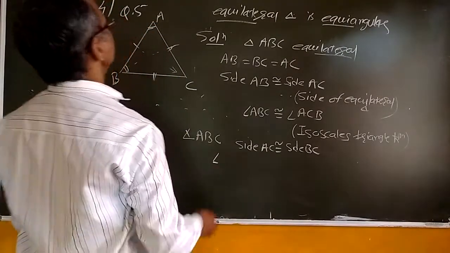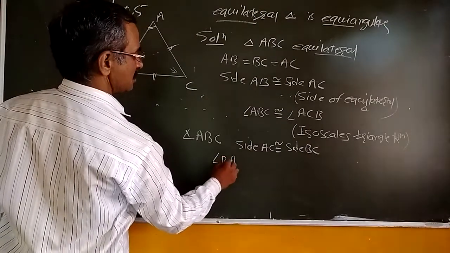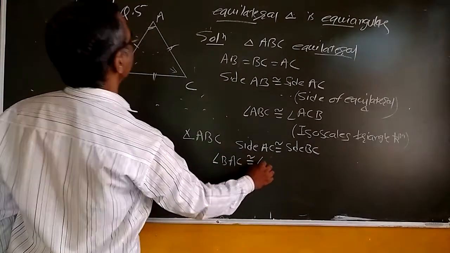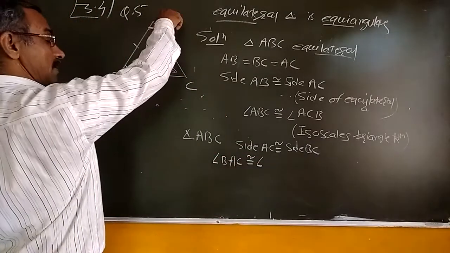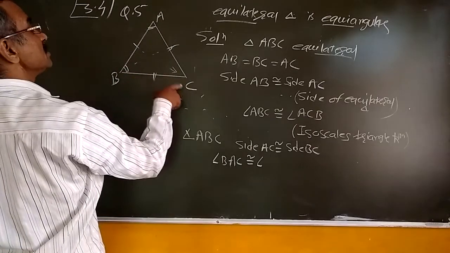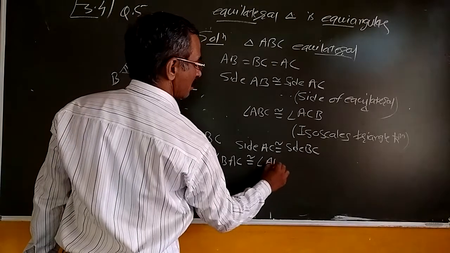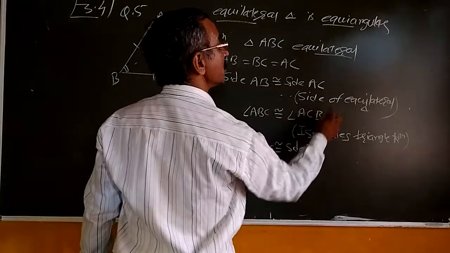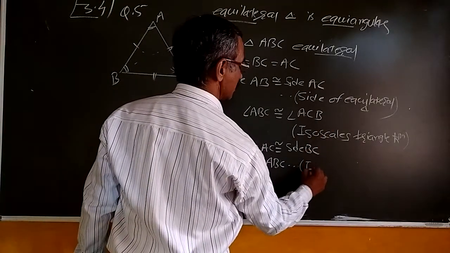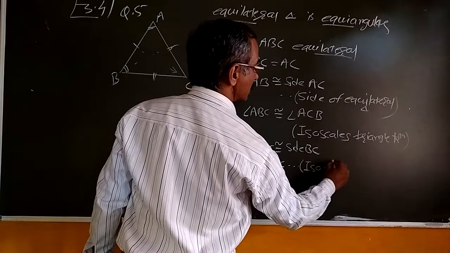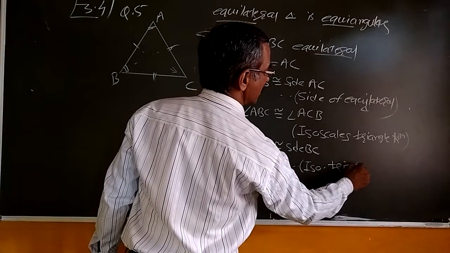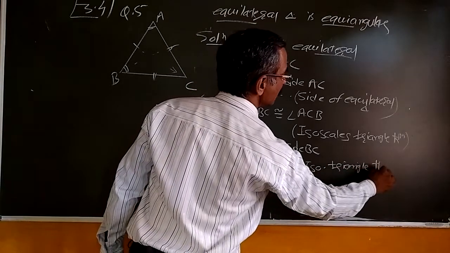Angle A, means BAC, is congruent with angle B, means ABC. Again by the property of an isosceles triangle, by using the isosceles triangle theorem.